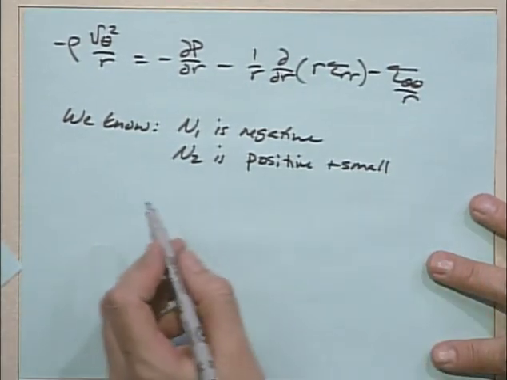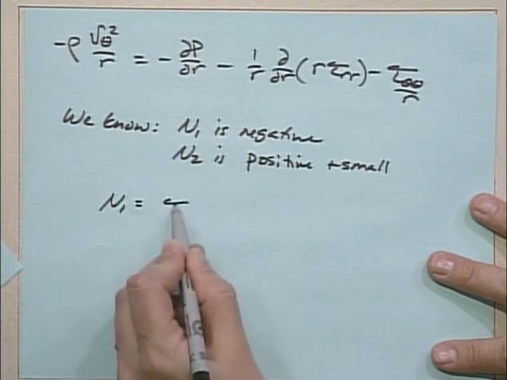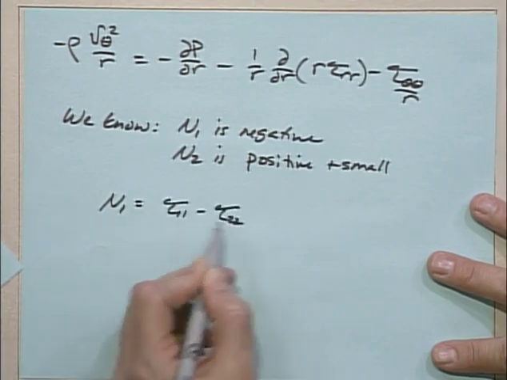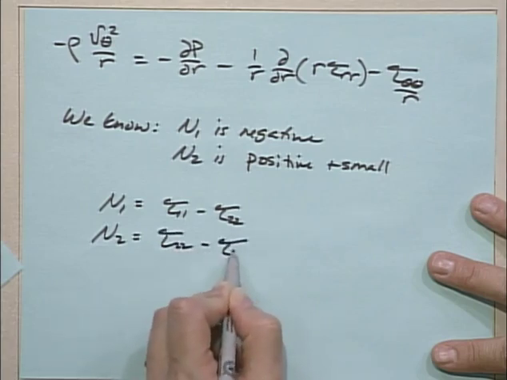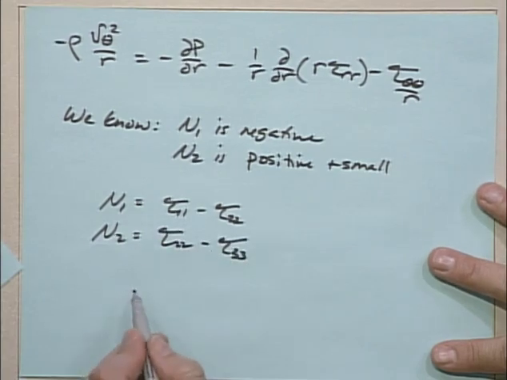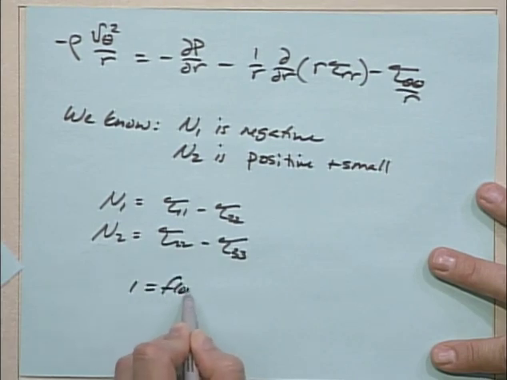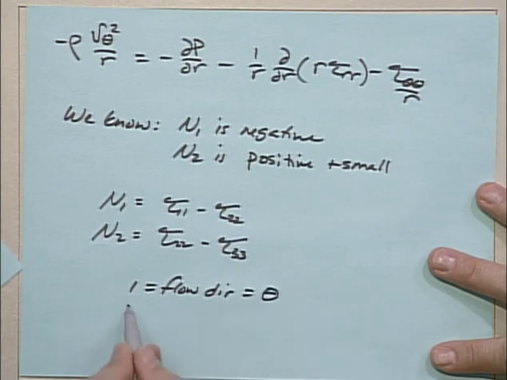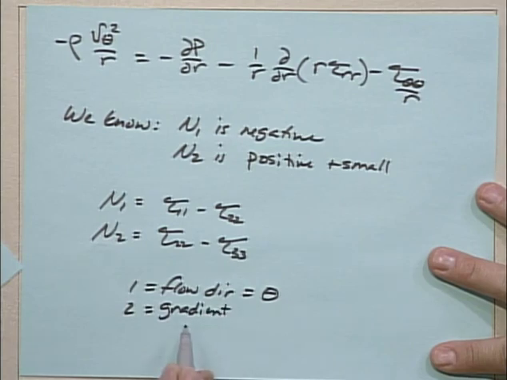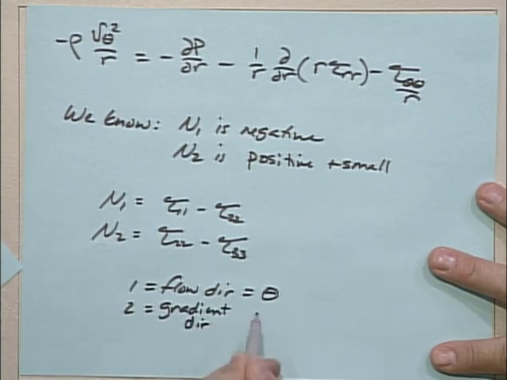Now, what is N1? N1 is tau 11 minus tau 22. N2 is tau 22 minus tau 33. Where 1 is the flow direction. So what direction is that? What's the direction of the flow? Theta. 2 equals the gradient direction. That's the direction in which the flow varies. What direction is that?